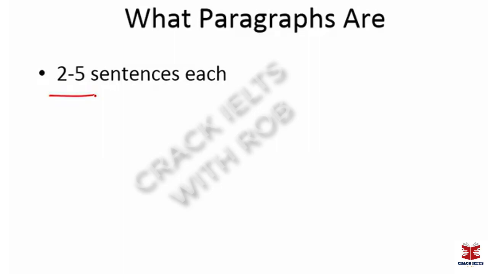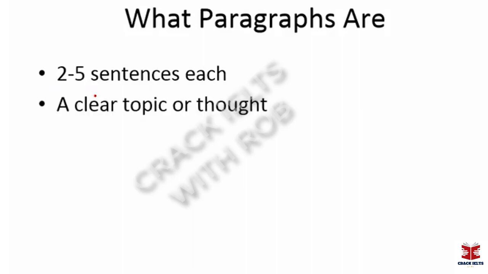In other writing you'll do for college or for work or any other place really, you could have paragraphs that are much longer than 5 sentences. But for your IELTS essay, 2 to 5 sentences is good for each paragraph because of the time. You don't have enough time to write really long paragraphs for your essay.